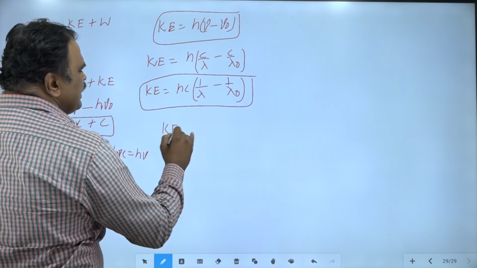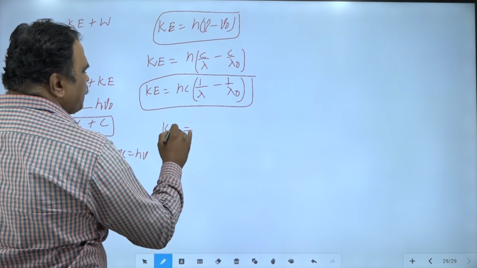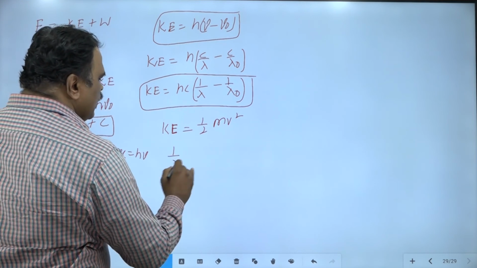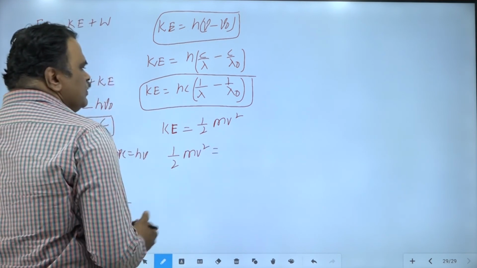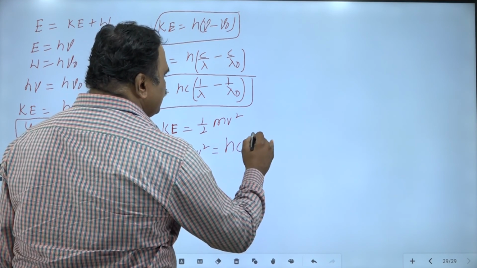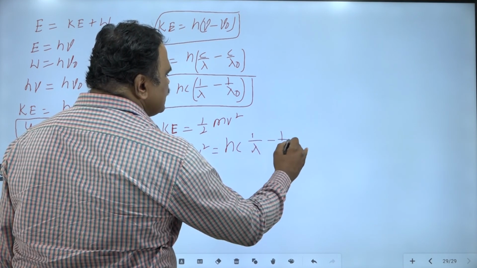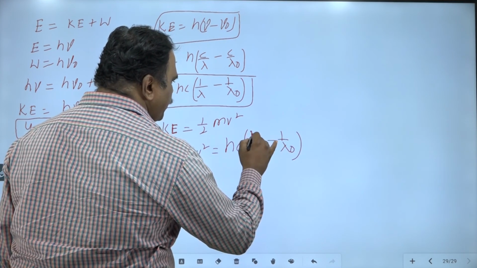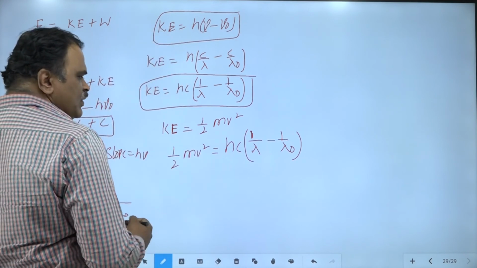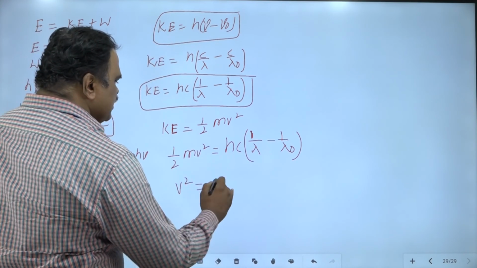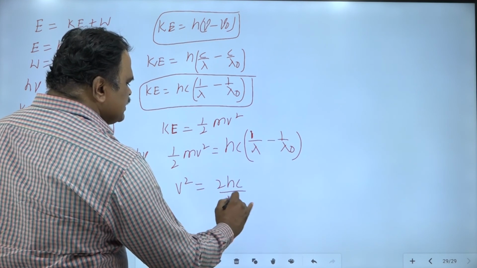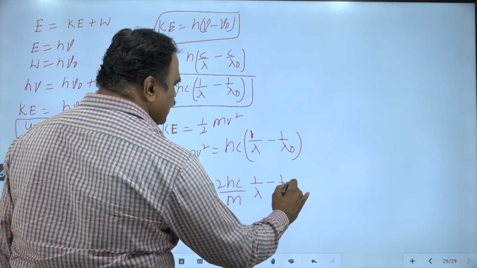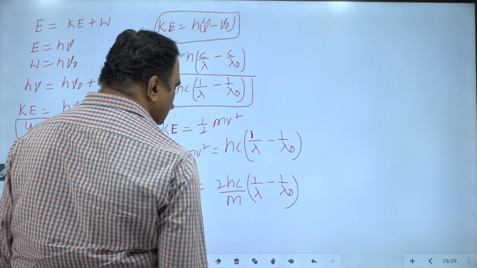But we know that kinetic energy K is equal to half mv square. So half mv square is equal to hc into 1 by lambda minus 1 by lambda naught. V square is equal to 2hc by m into 1 by lambda minus 1 by lambda naught.